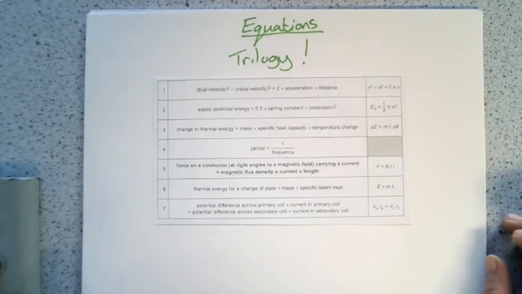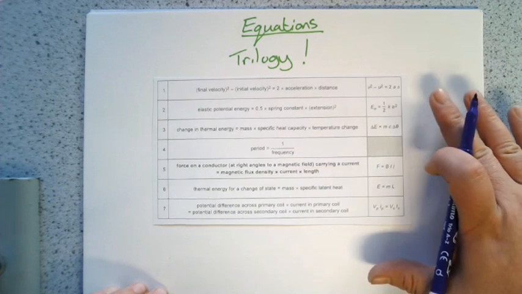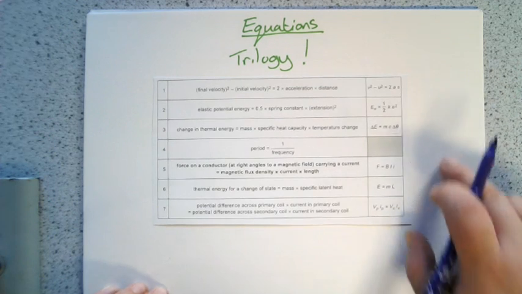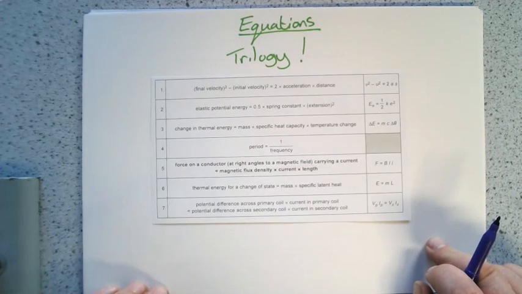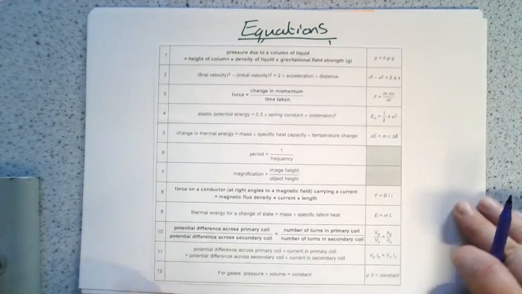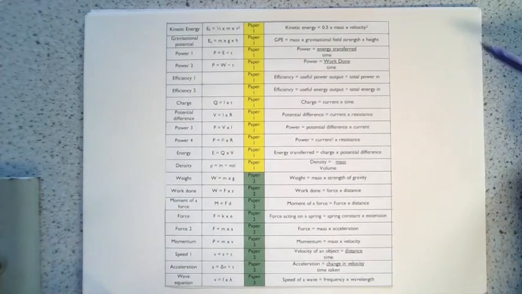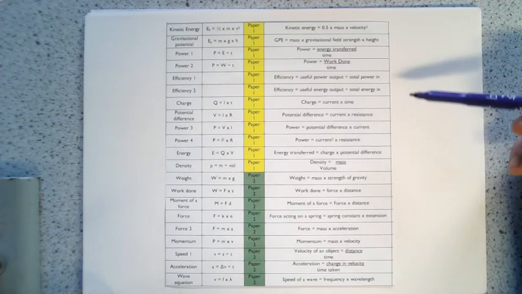But first, let's remember our equations for tomorrow. Really important top tip here. As we go through these specifications, we're going to look at the equations that you need to know. But tomorrow in the Trilogy exam, you're going to get these equations to actually use within the exam. For separates, you get a few more equations, but let's just remember these are the equations that we're focusing on that you've got to be able to use tomorrow.